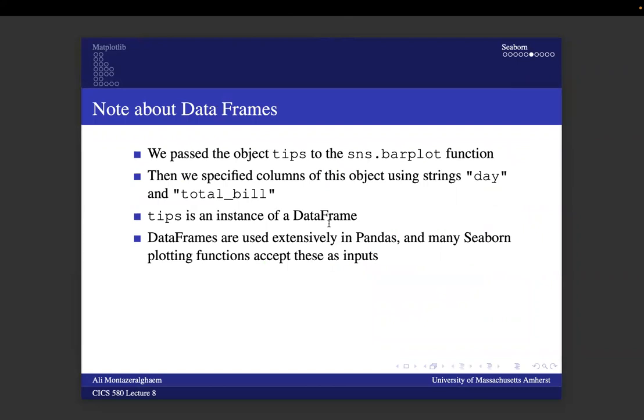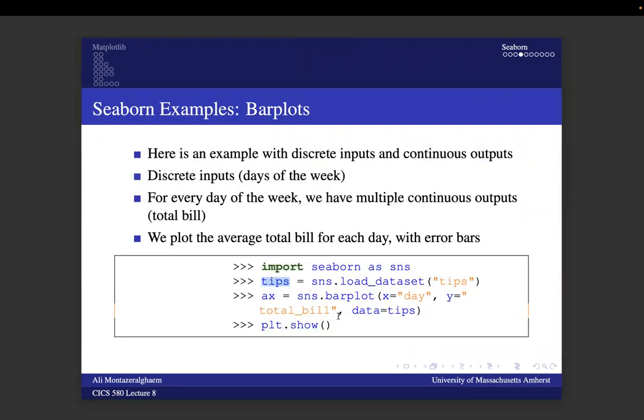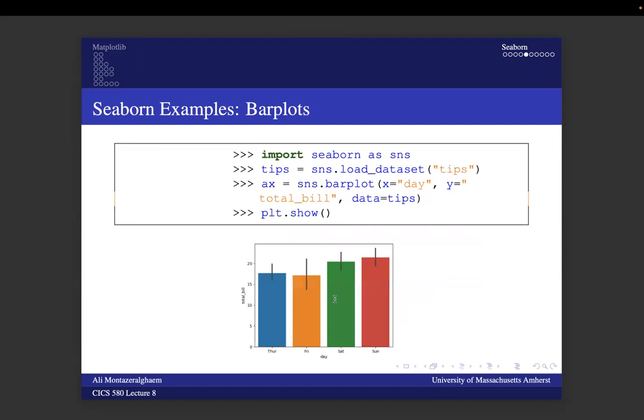So if we pass tips as a data frame to the barplot function, this function extracts the column named day from this data as x, and the total bill column as y, and then plots this bar plot. So this is the same code as before, and you can see the output here.